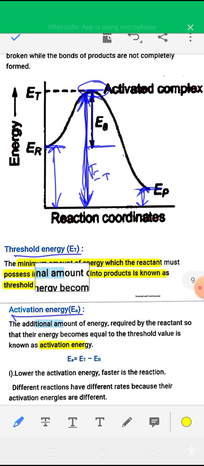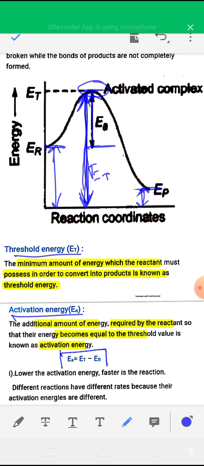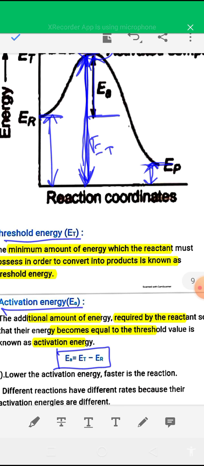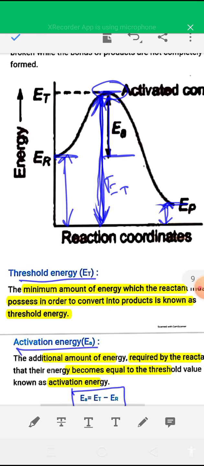You can calculate the activation energy for a reaction using this equation: Ea is equal to Et minus Er, where Er is the initial energy of the reactant.